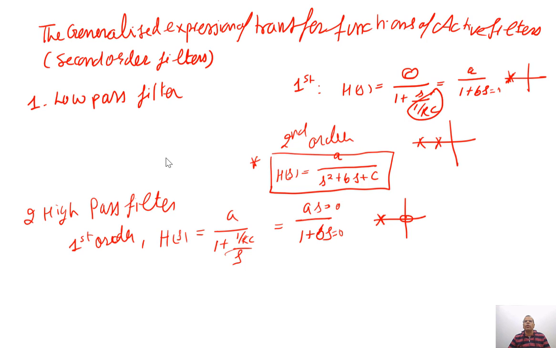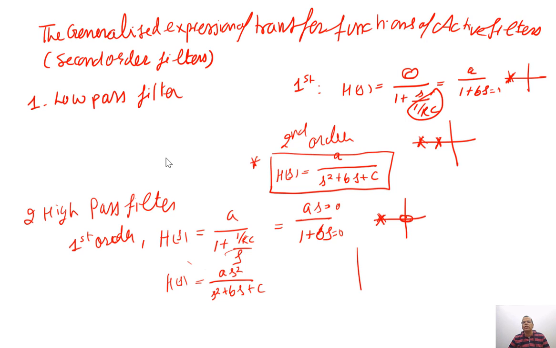In second order low pass, we have two poles, both located in the left half. In first order high pass, there is one zero at the origin and one pole located in the left half. And when you have second order filter, if you remember the transfer function of a high pass second order filter, we have s square in the numerator, and in the denominator I can write something like this: s square plus bs plus c.